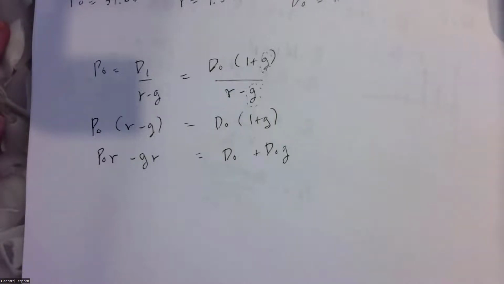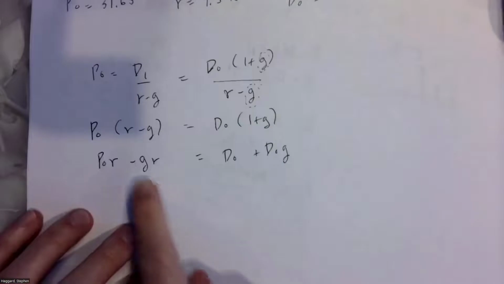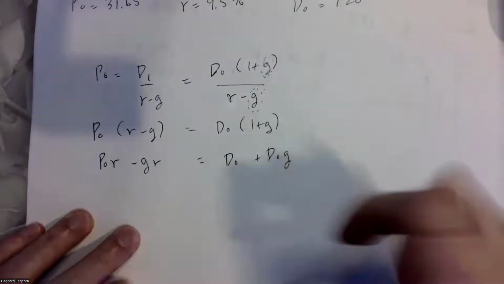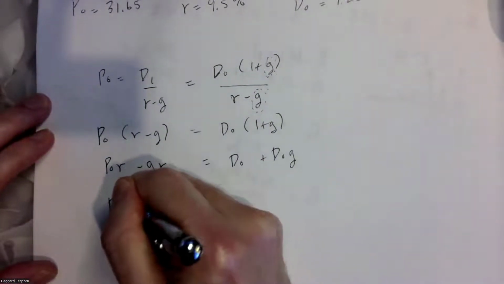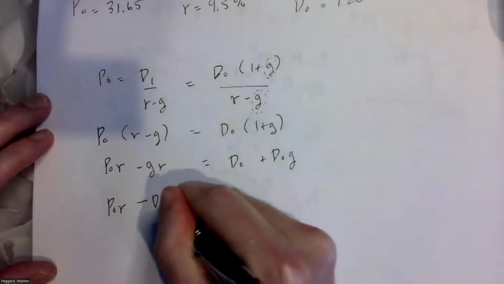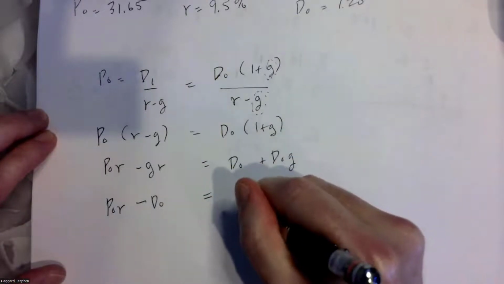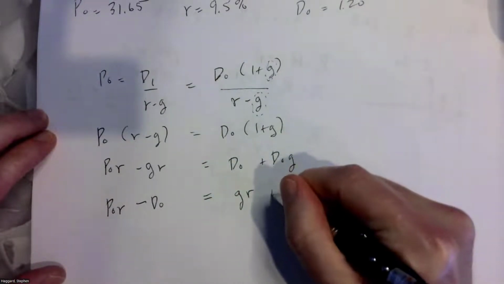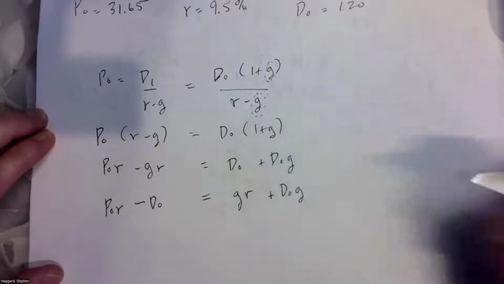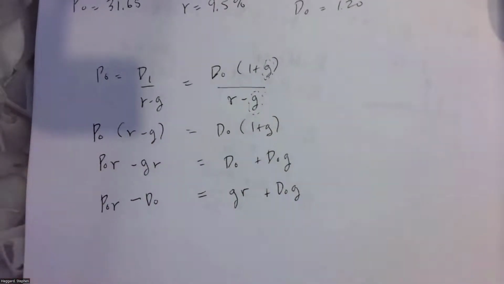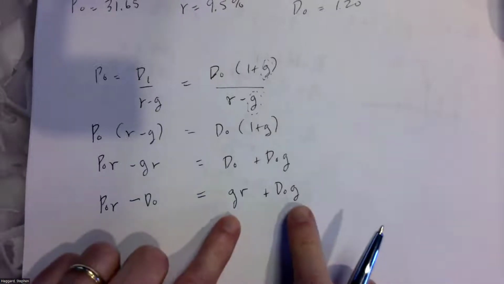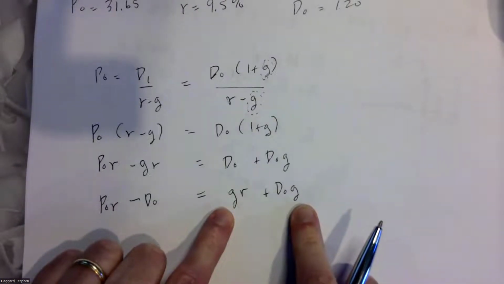Okay, now to get G by itself, we need to move this to one side and this to the other. And so what I'm going to do is say P0R minus D0, I'm just subtracting it from both sides, equal to, and I'm going to add P0G to both sides, plus D0G. Have I blown any minds yet? Okay, so how can we get G by itself? Any ideas what we should do next?